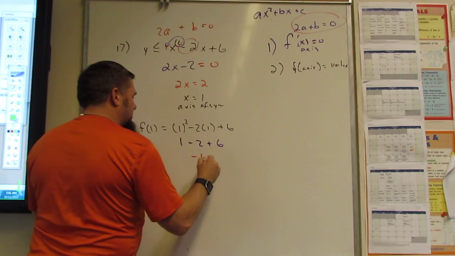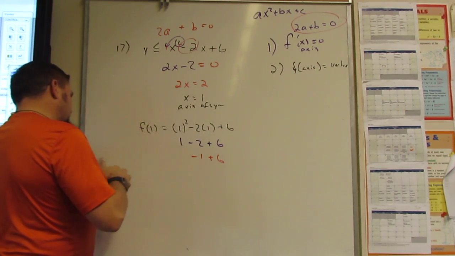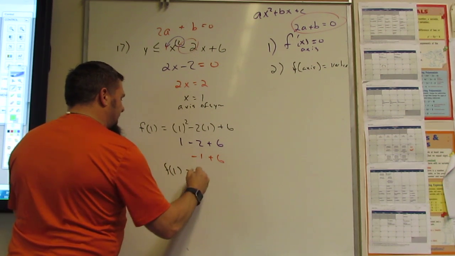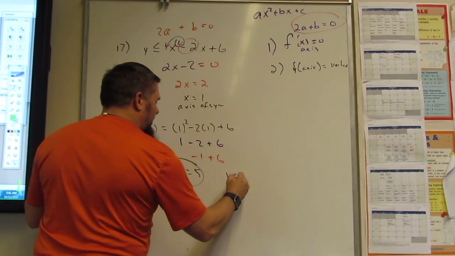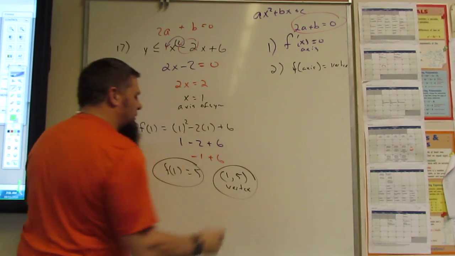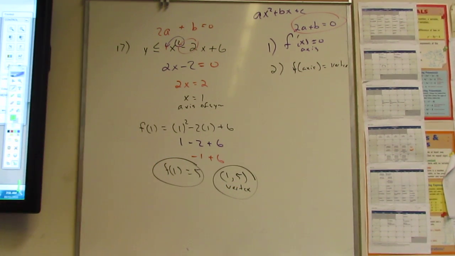So minus 1 plus 6. So f of 1 is equal to 5. So that means 1, 5 is my vertex. It's no different than what we've been doing.